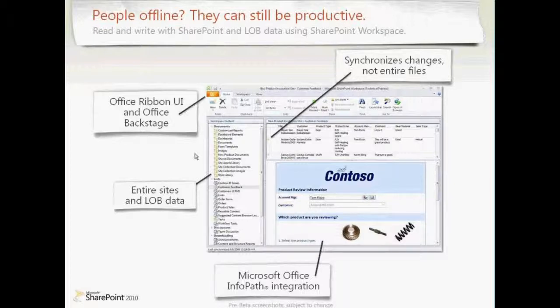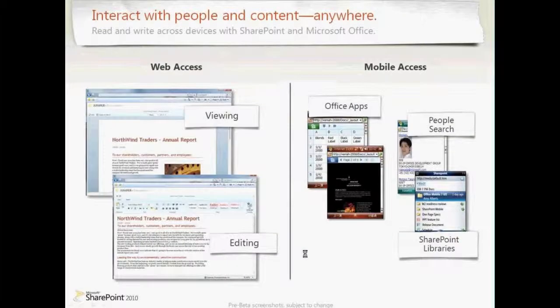It also synchronizes changes, not the entire file. So if they add a comment to a file, when they get back and connect to the Office, it just sends the comment or the change to the document, not the whole document across. And it also integrates with InfoPath, so if you have forms that need to be filled out for that document to be saved, then that can be done as well.